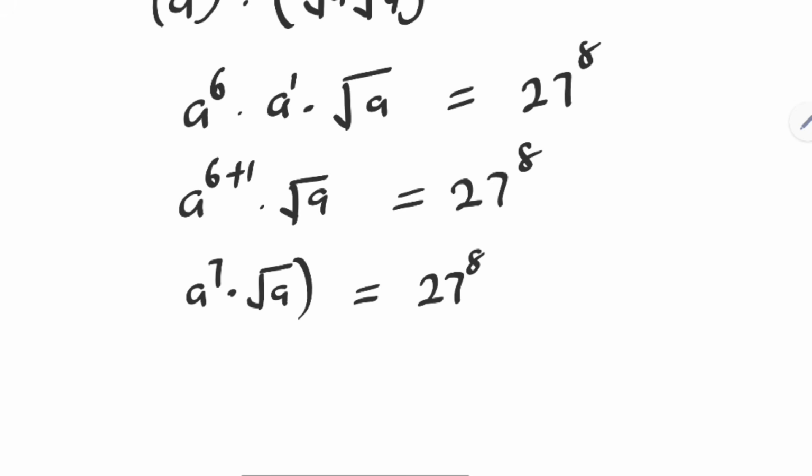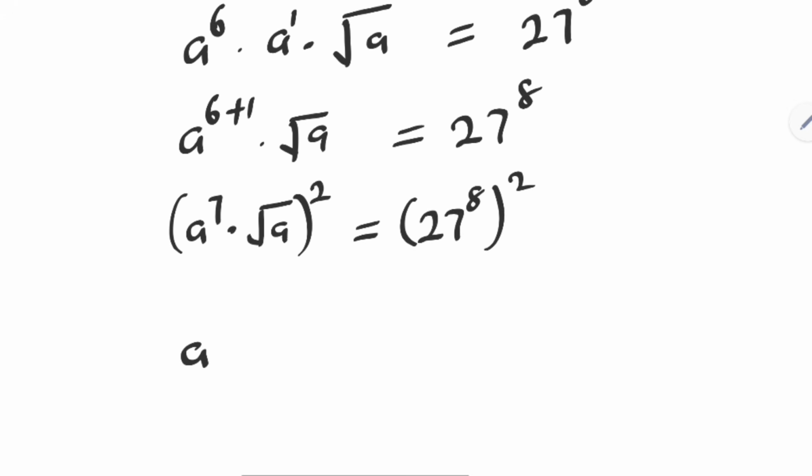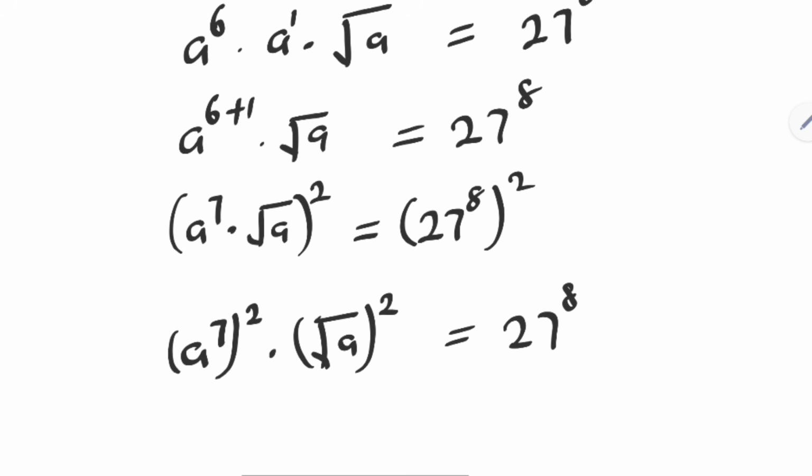Now let us square both sides of this equation again. This square and this square. A raised to power 7 to the power of 2 multiplied by square root of a all squared is equal to 27 raised to power 8 all squared. So this cancels this.